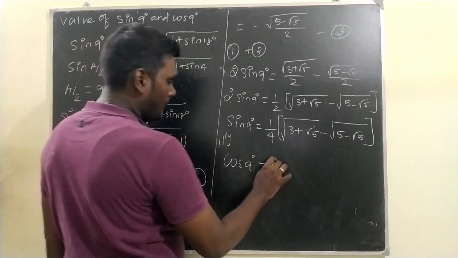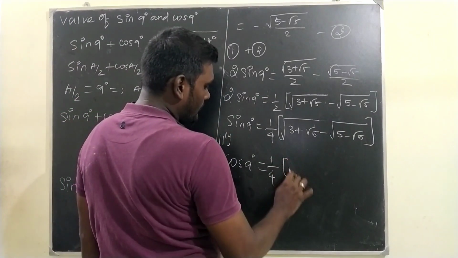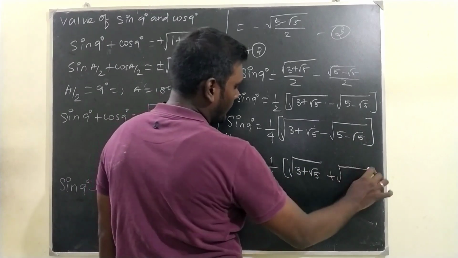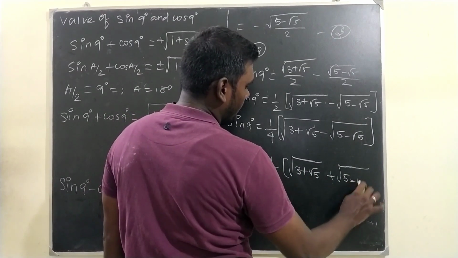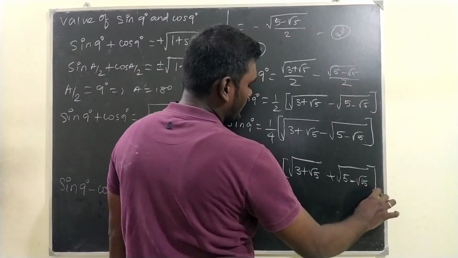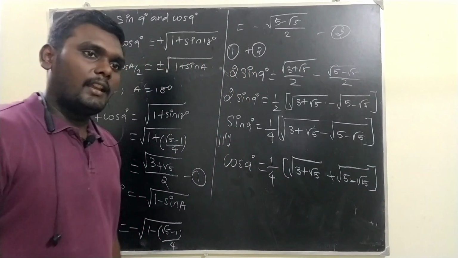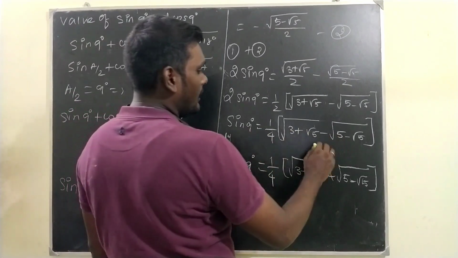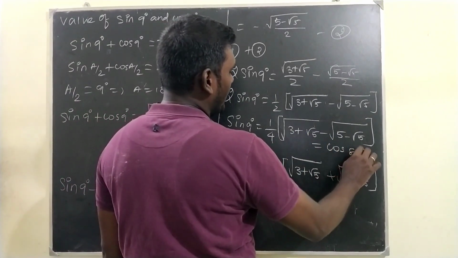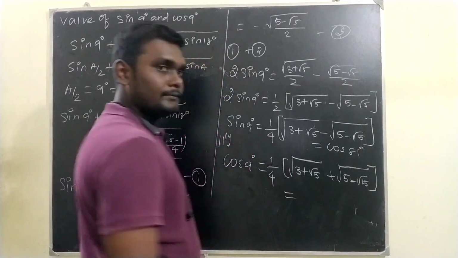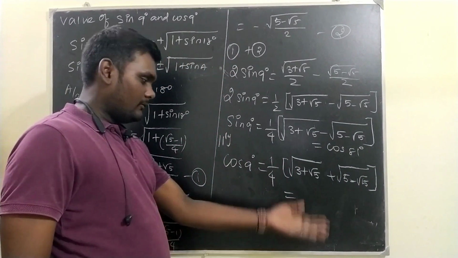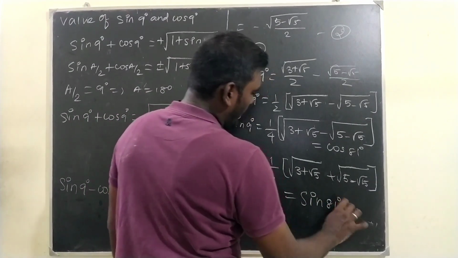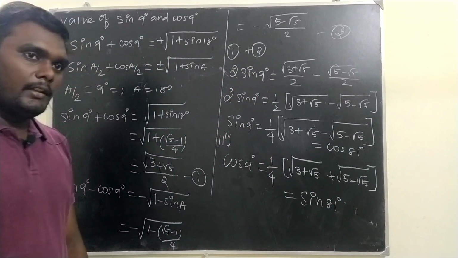So our final answer would be 1 by 4 root of 3 plus root 5 plus root of 5 minus root 5. So this is sin 9 degrees and cos 9 degrees. So if the sin 9 degrees value is this, it equals cos 81 degrees. Remember, for cos 9 the other one will be given to us, that is sin 81 degrees. Clear?